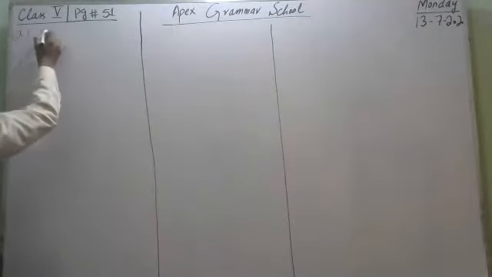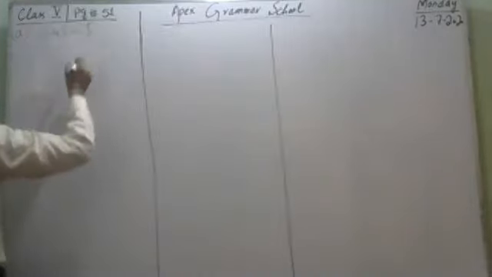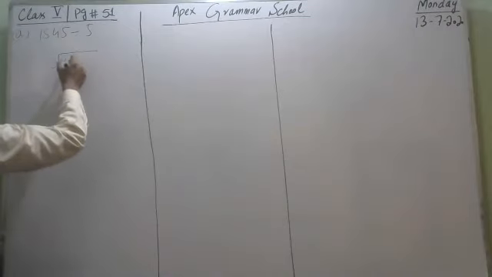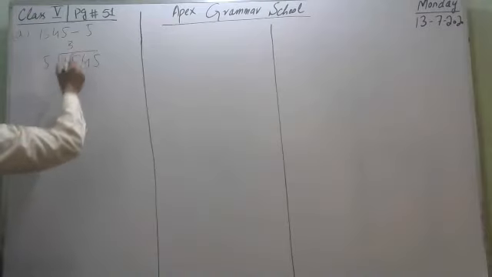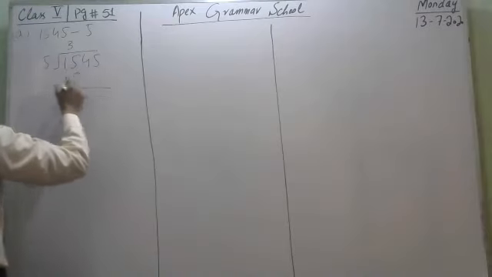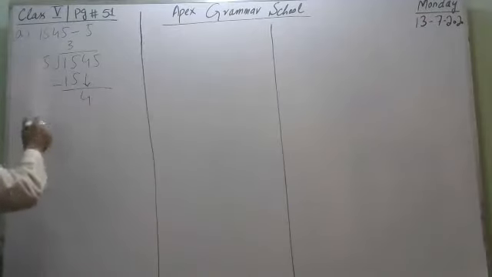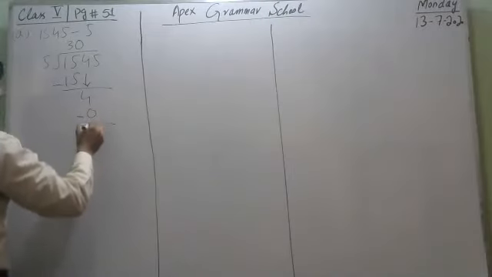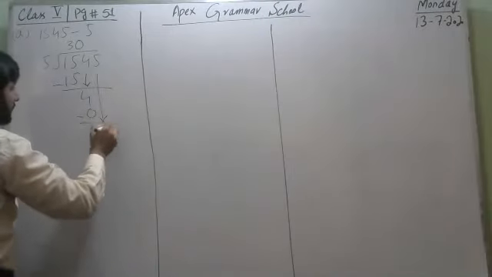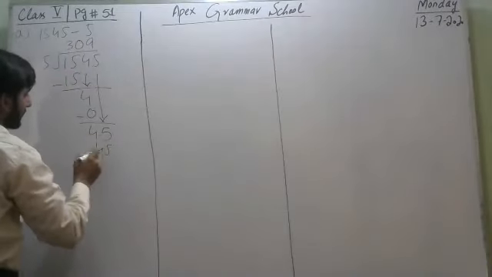A part is 1545 divided by 5. 5 3s are 15. 4. Now 4 is smaller and 5 is greater, so we'll go for 0. 5 zeros are 0. 5 9s are 45.